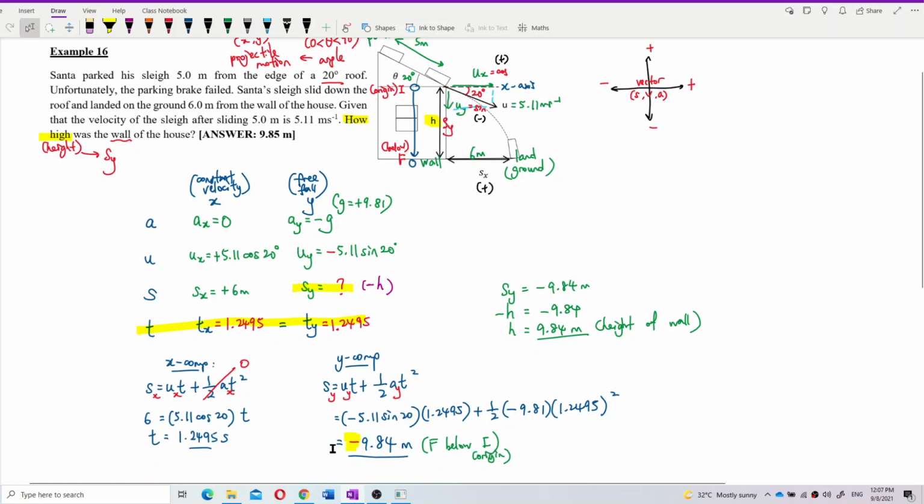Okay, but I still feel my answer is more correct because I maintain as many decimal places as possible. So it becomes more accurate if I put a lot of decimal places. So I get 9.84. For me, it is very accurate. Okay, it's also near to the answer. Alright, so it's correct. Okay, see you in the next videos.